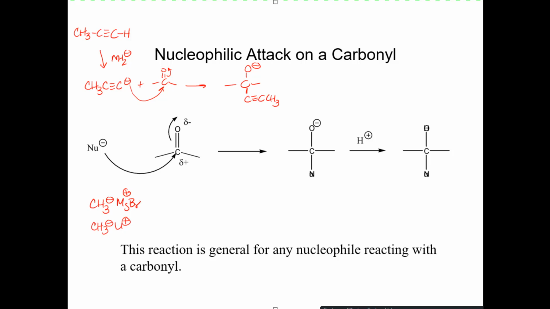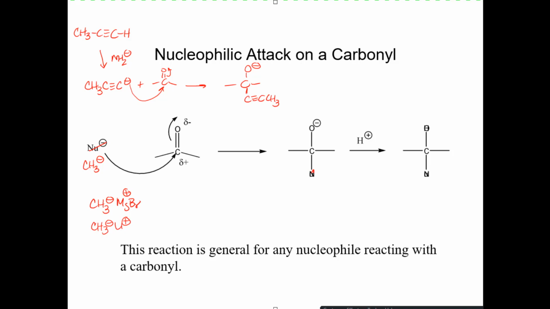So my CH3 minus in this case, let's just go ahead and replace this with a CH3 minus. My CH3 minus would come in and attack this carbon because that carbon is delta positive, so nucleophile, electrophile. Then if I form a carbon-CH3 bond, I've got to break the CO bond and give the pair of electrons to the oxygen, which is perfectly fine because that's the way the bond is polarized.